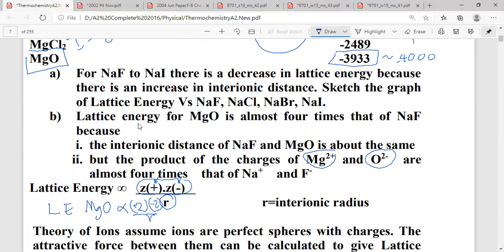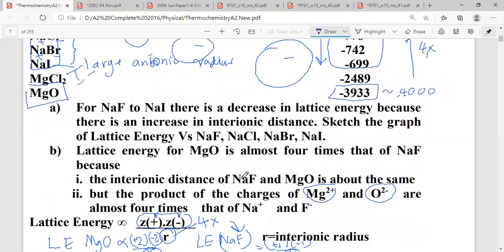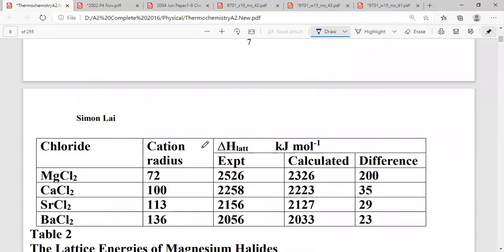That's what they say. So lattice energy of sodium fluoride is equal to +1 times -1 over R. R will be about the same. So this will be 4 times that one here. Approximately.